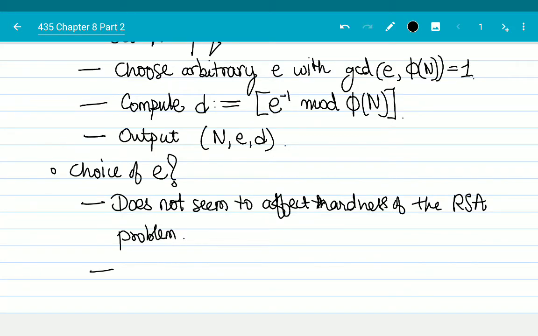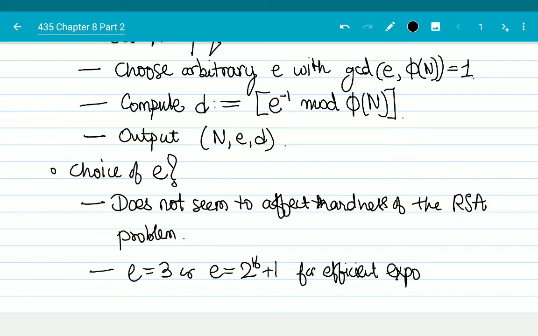So that means even if E was equal to 3 or E was equal to 2 to the 16 plus 1, for efficient exponentiation, life is going to be equally hard for the attacker.